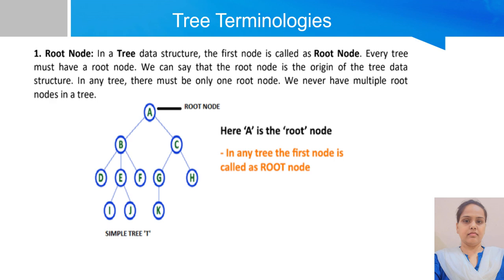Now, some important tree terminologies. First one is root node. The topmost node is called a root node. It is the starting point of the tree and every tree has only one root. Here, A is the root node.